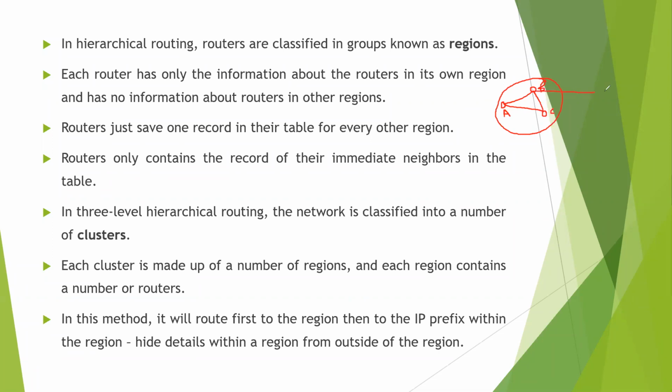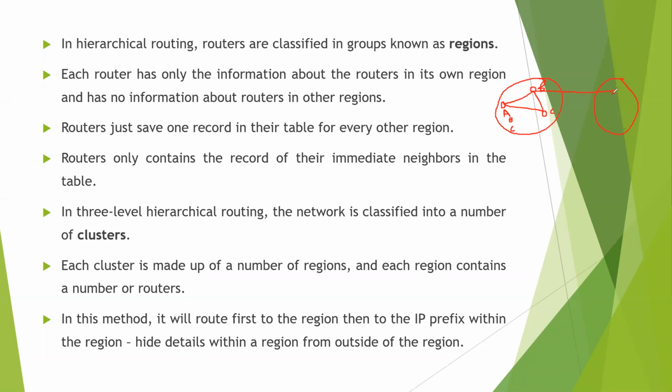Say B is connected to some other router in another region. Router A only contains the information regarding B and C in its table, whereas B contains the information regarding A, C, and the other region. Only B contains the data of the other region, and that too only one router.